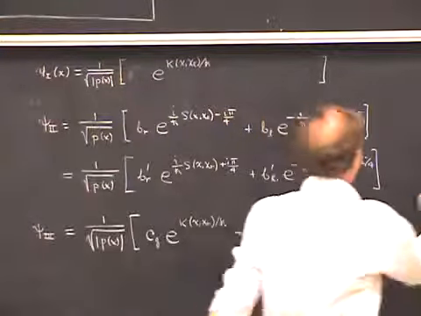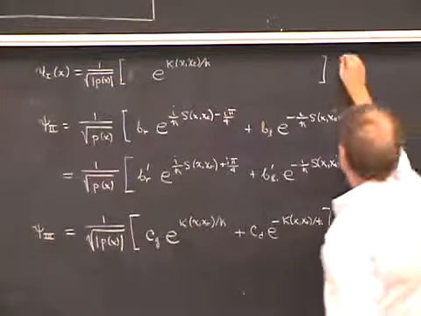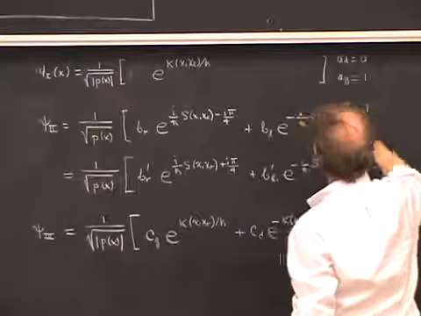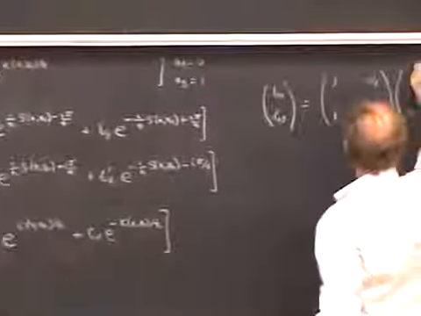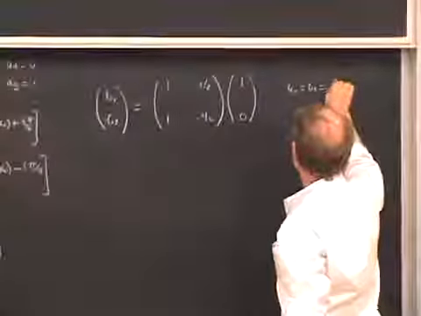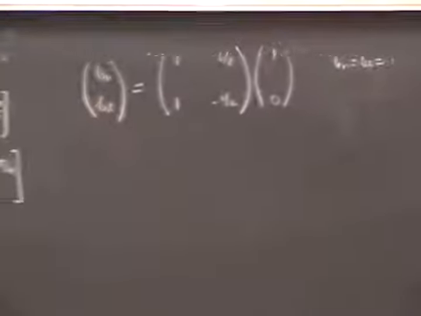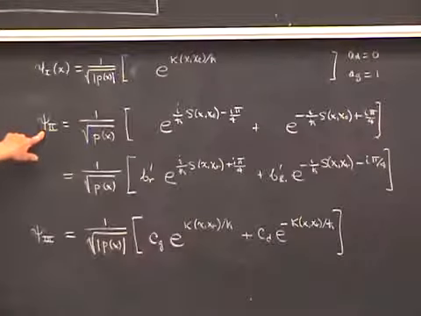So B_R and B_L is going to be that matrix, 1, i over 2, 1, minus i over 2, multiplying onto, I'll remind you that A damped was equal to 0 and A growing was equal to 1. So it's 1, 0. And the result of this is we find that B_R equals B_L equals 1. So let me just erase them because they're equal to 1. This is now the formula of this first version for psi at location 2.